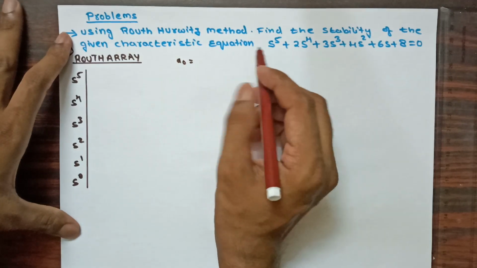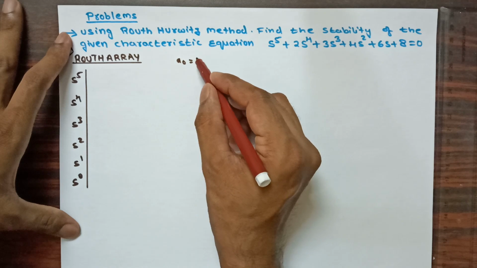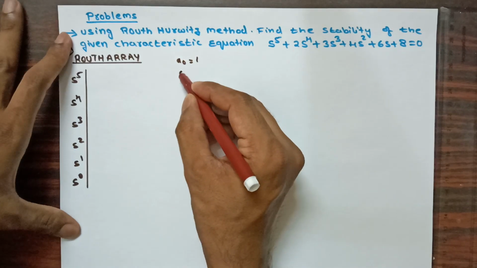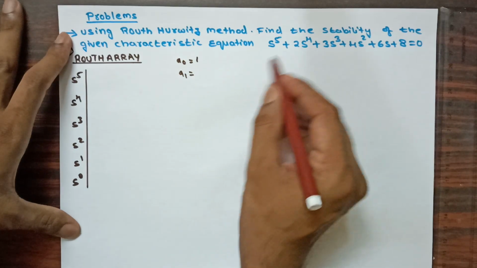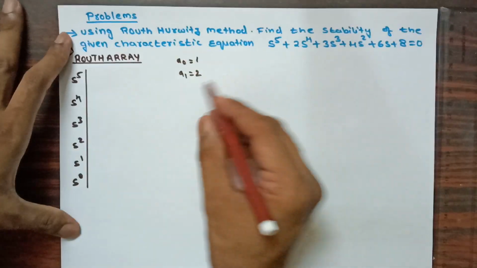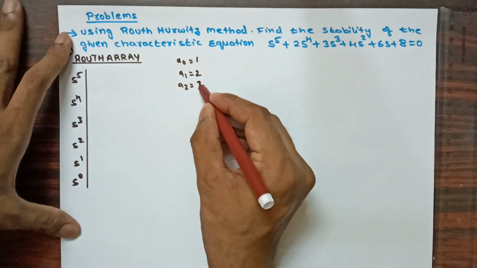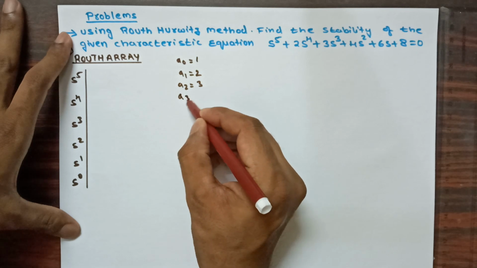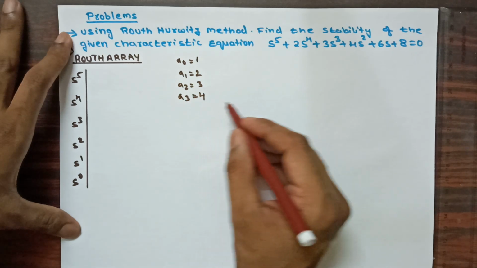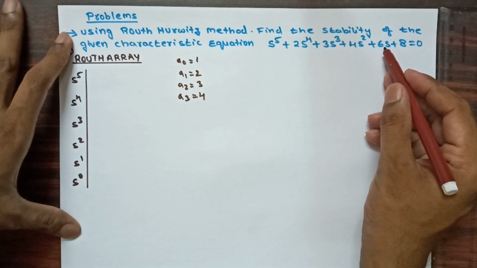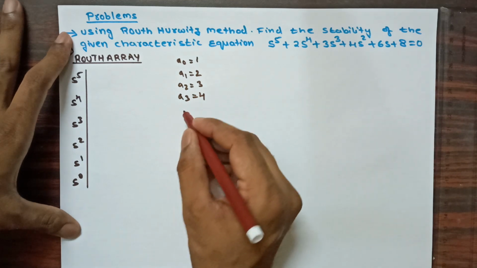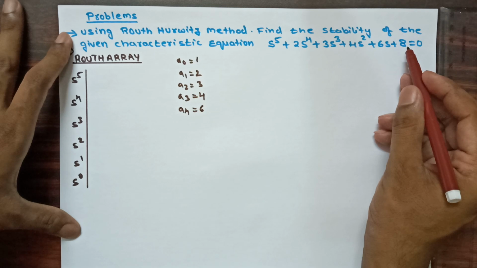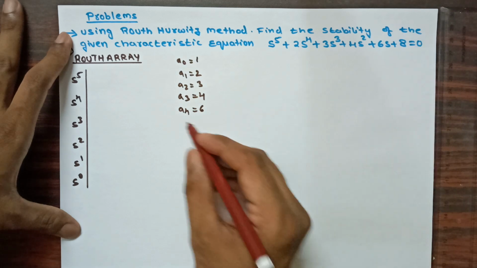First you can see the first coefficient a0 is equivalent to 1, and then the second coefficient a1 is equivalent to 2, and the third coefficient a2 is equivalent to 3, a3 is equivalent to 4, and the fifth coefficient, you can see a4 is equivalent to 6, and the seventh coefficient, that is a5, is equivalent to 8.